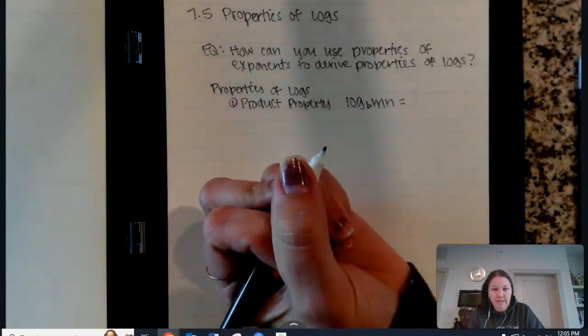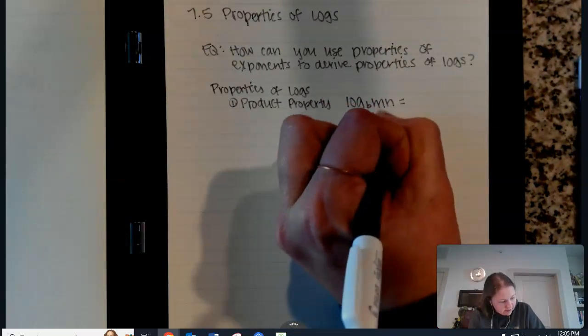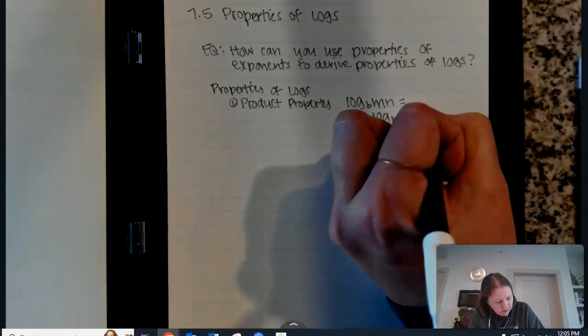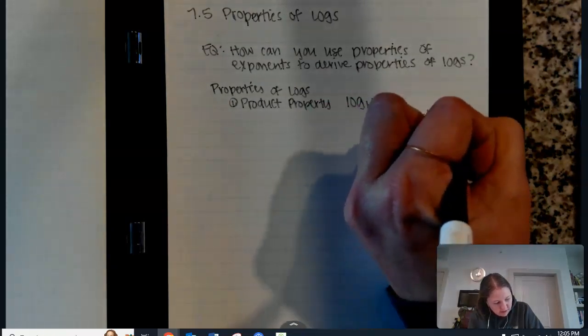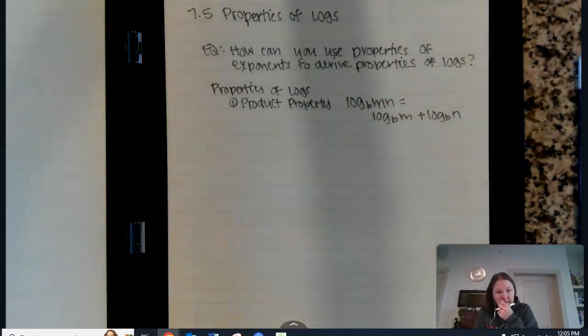That's the same as log base b of m plus log base b of n. So you'll just add them together.